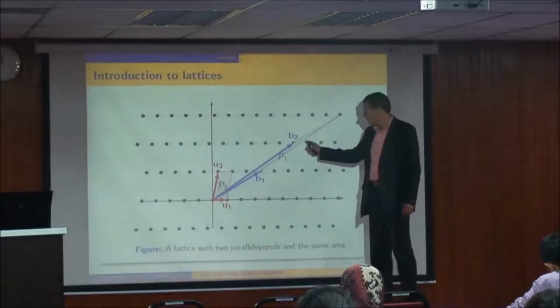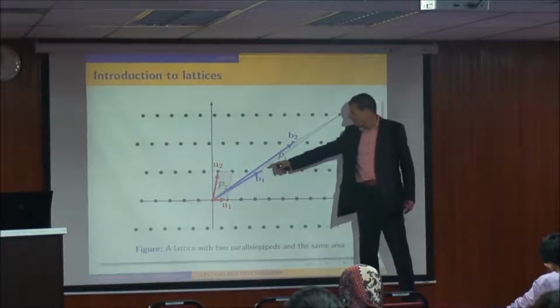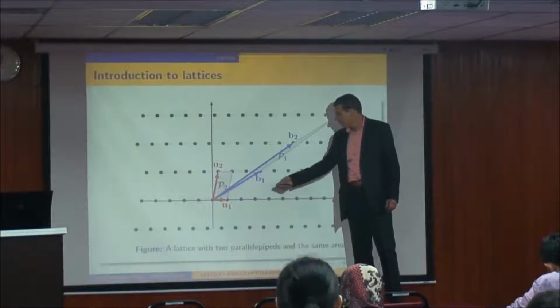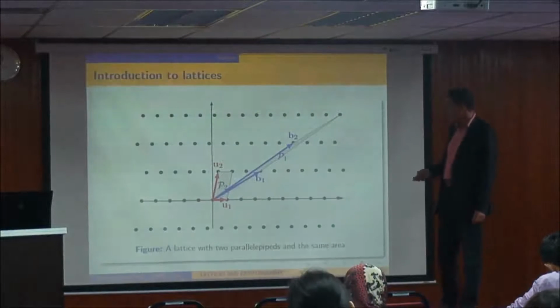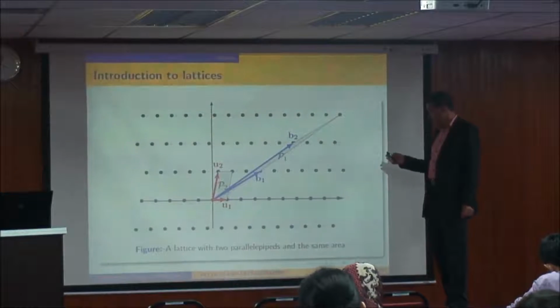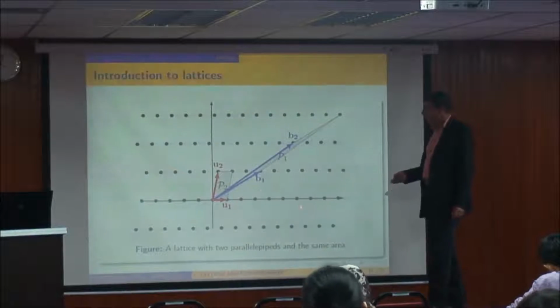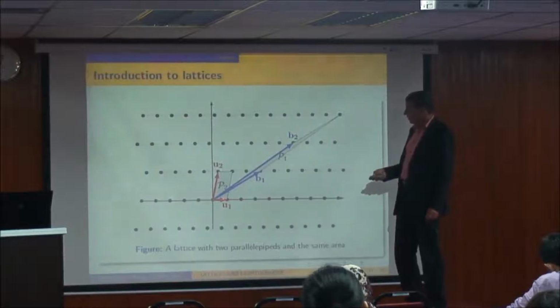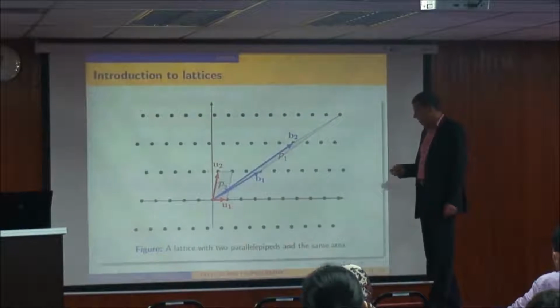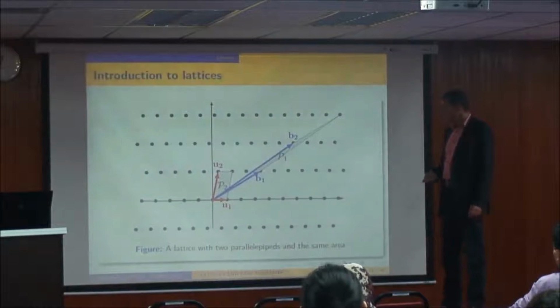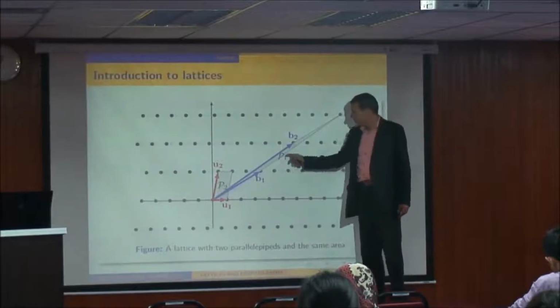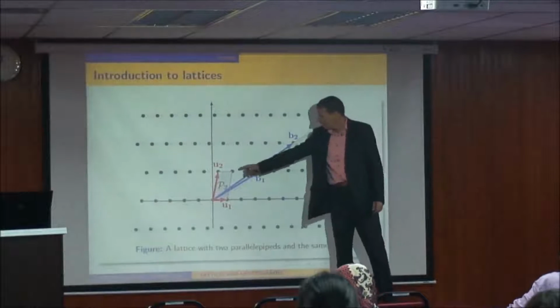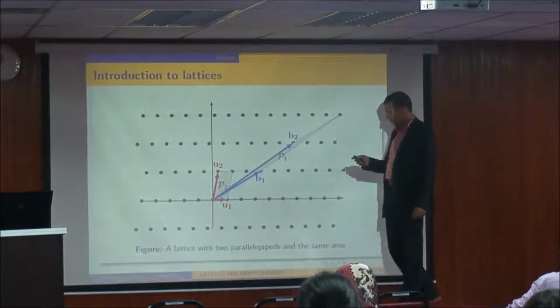Nevertheless, the fundamental domain here and this one have the same volume. So the volume does not depend on the basis you use, it depends only on the lattice. For example, here you can find that this volume is in fact the same as this one.